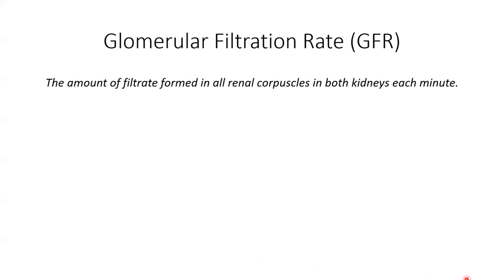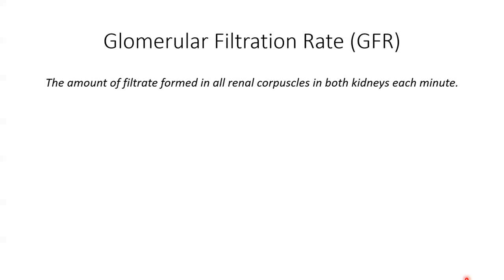So we've just talked about net filtration pressure, and that influences glomerular filtration rate. So glomerular filtration rate is the amount of filtrate that is formed in all of the renal corpuscles, so all of our Bowman's capsules, in both of our kidneys every single minute.